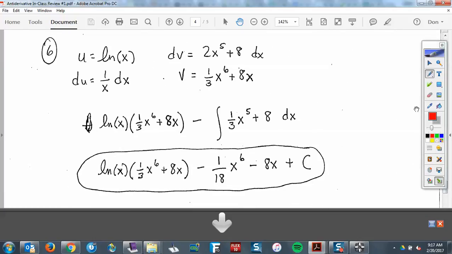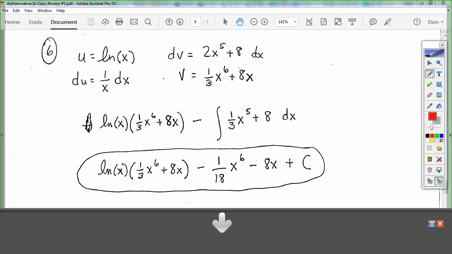So you had an algebra and a log, so you're always going to pick log as your u, LIATE, L comes first. So 1 over x dx is your dv, remember we're doing antiderivative, again this is backwards from the way we've been writing it.